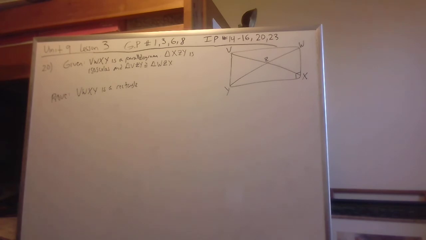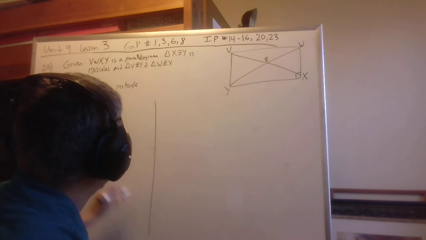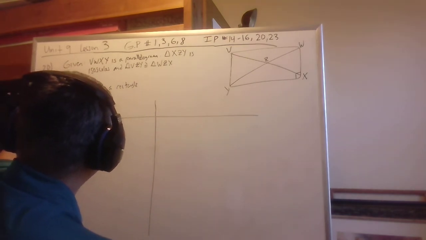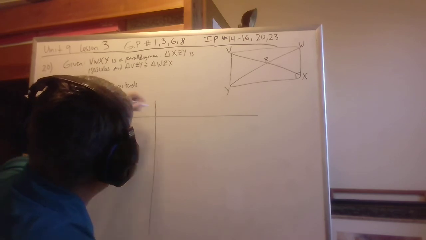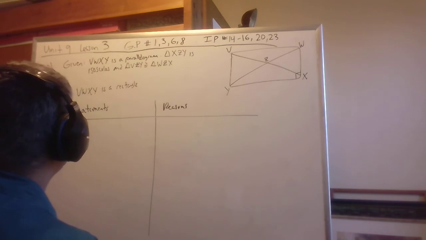All right, so what we're going to do again is write two columns. This is a two-column proof where we're going to have our statements and we're going to have our reasons. The first thing we want to write down is what's given.